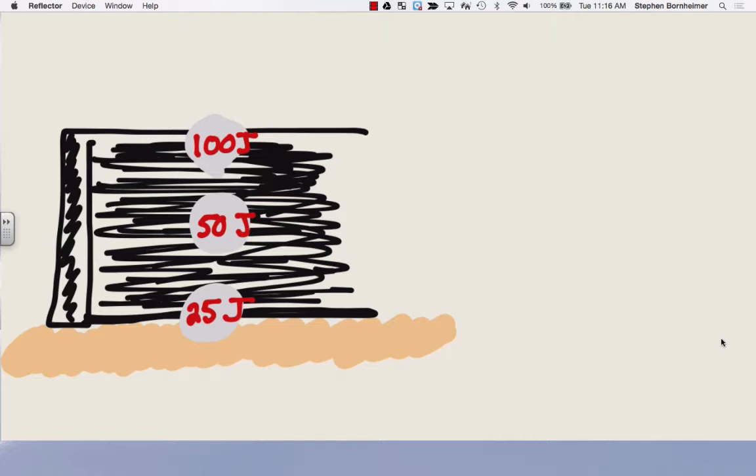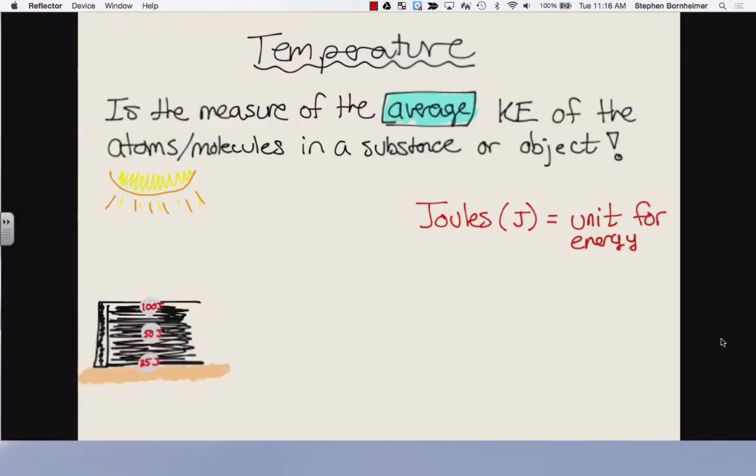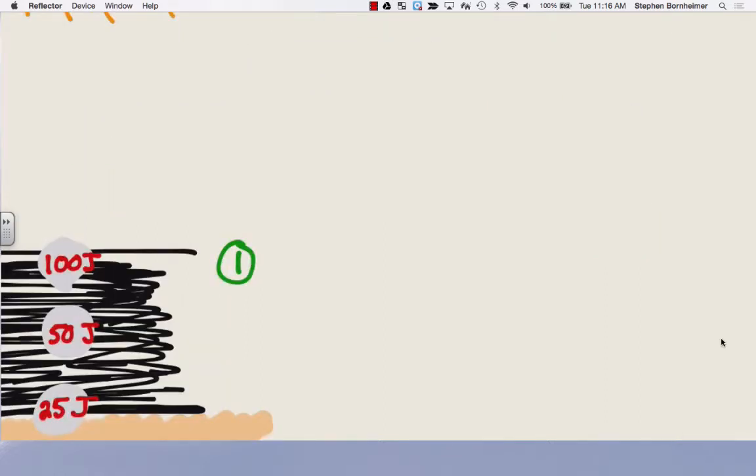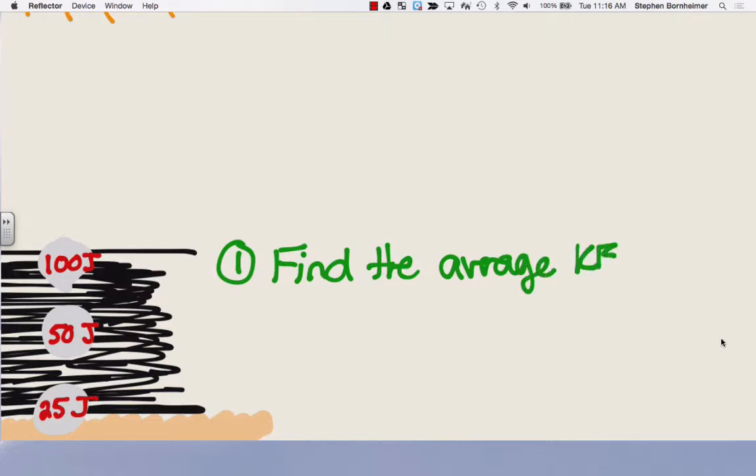So let's go ahead and make a note of this. Because temperature is average, the first thing we need to do is find the average kinetic energy. Because this right here is what?